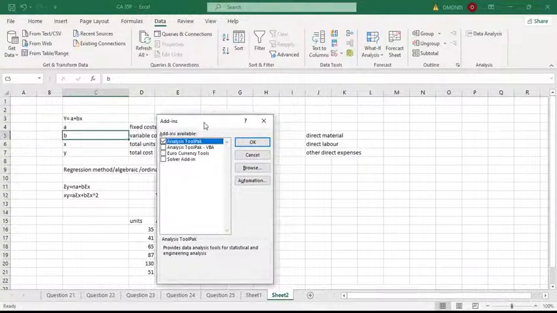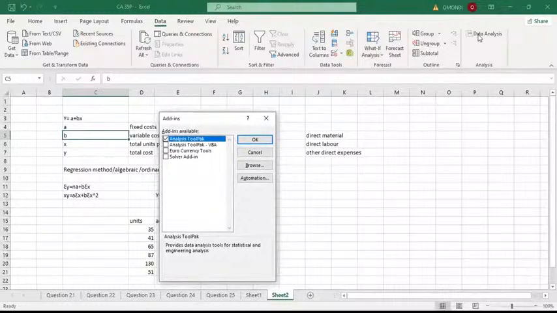For us to get Data Analysis under the Data ribbon, we have to activate one of these items here. Which one is it? Because I was able to see mine, it means this box here that we have is the Analysis ToolPak. Remember, we have two of them.